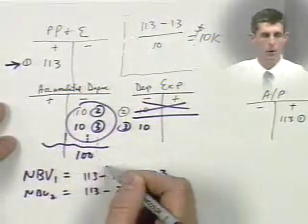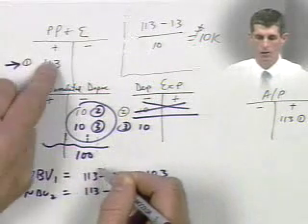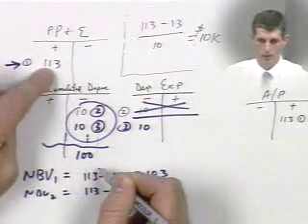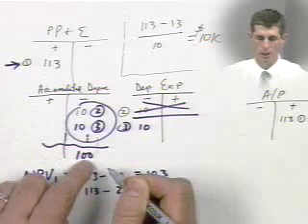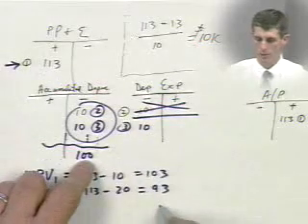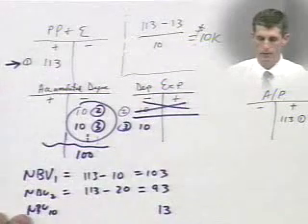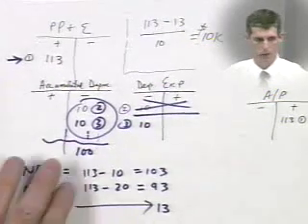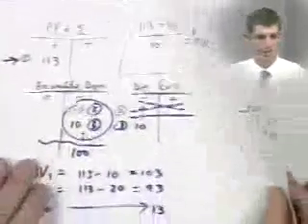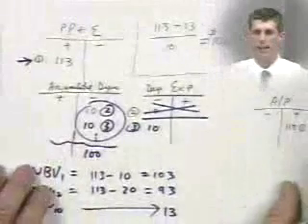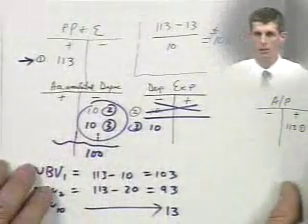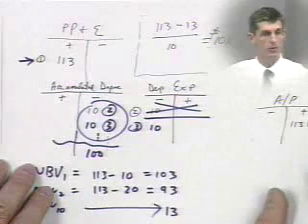Net book value is going to be what? The 113 historical cost less accumulated depreciation of 100. So net book value is going to be what? 13. This is net book value period 10. Right? And if we sell this thing for $13,000, what is our gain or our loss? 0. And the answer is 0.